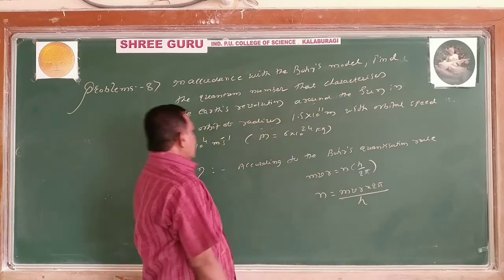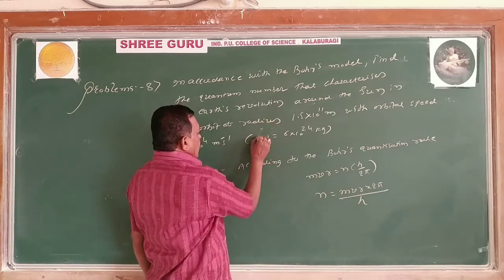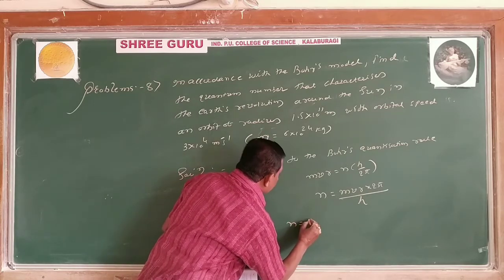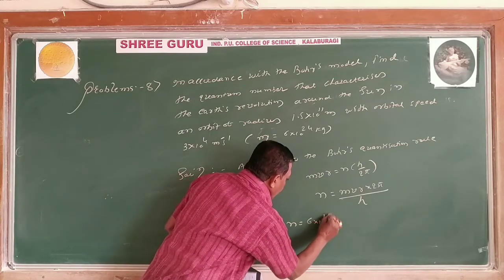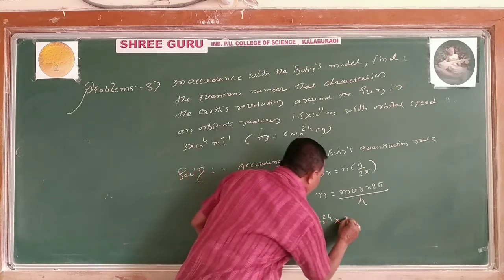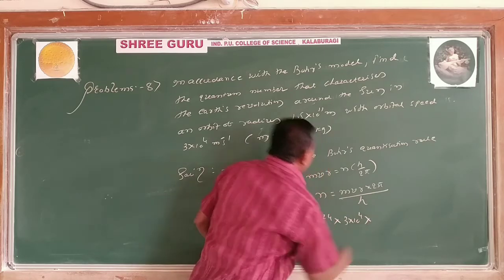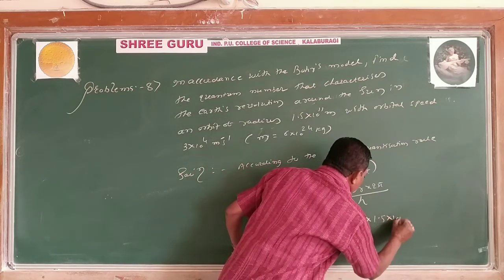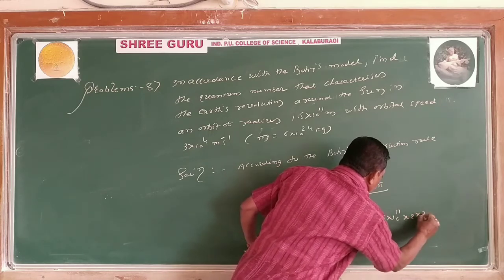Here the mass is given, so substitute: n equals mass 6 into 10 to the power of 24, velocity 3 into 10 to the power of 4, radius 1.5 into 10 to the power of 11, into 2 times 3.14.